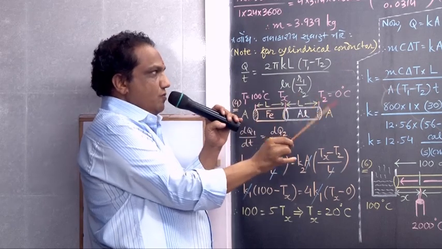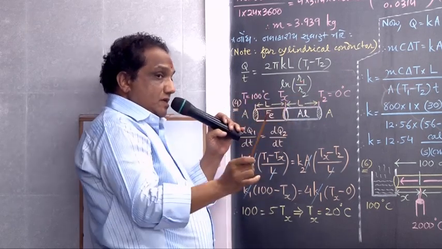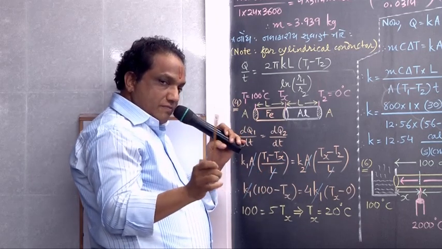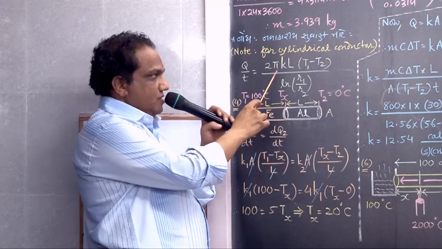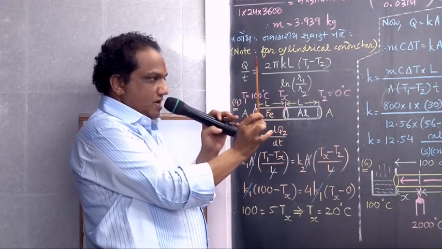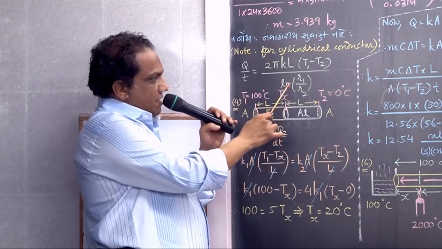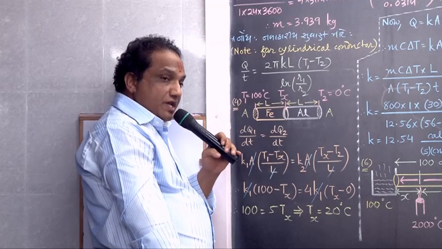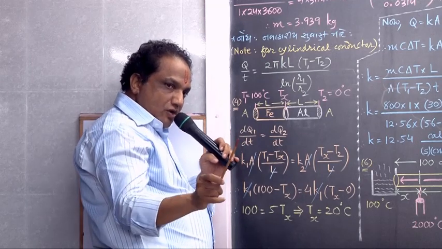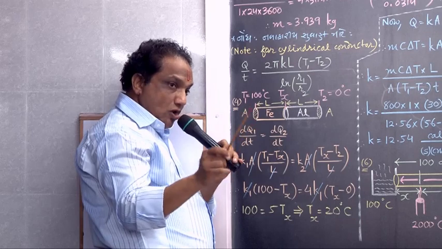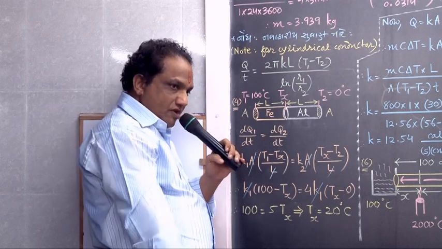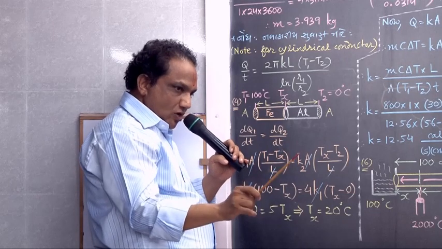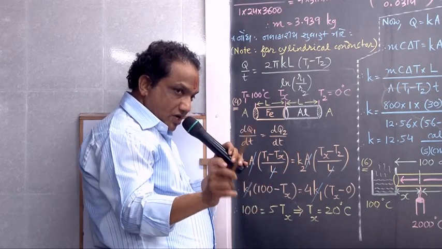Based upon this formula, they have not given any sum in the textbook, but in the school examination they may ask. So let us solve one sum. In the denominator, ln means natural logarithm, which has base small e, the value of e being 2.718.